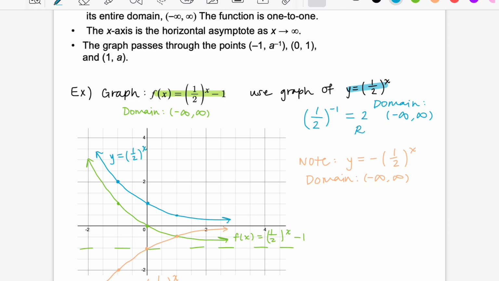So for this guy, our range is going to be 0 to infinity. Now for this guy here, what we did was we shifted our original function 1 unit downward. So that means our horizontal asymptote is now y is equal to -1. So this means our range is going to be all values that are greater than -1.